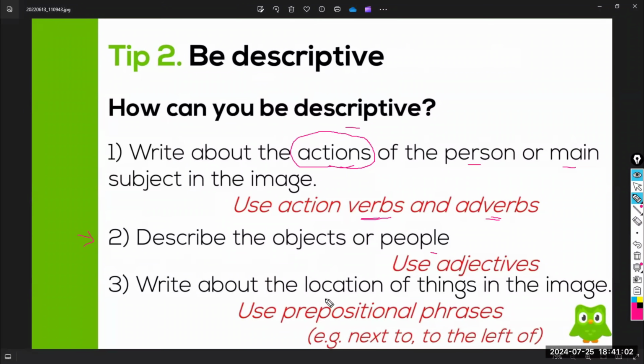Now I have to write about the location of the things in the image. And I have to use prepositional phrases like next to, on, to the left, to the right, because this is description. You have to describe what is on the right, what is on the left, what is up, what is down, what is beneath, for example, around the person.